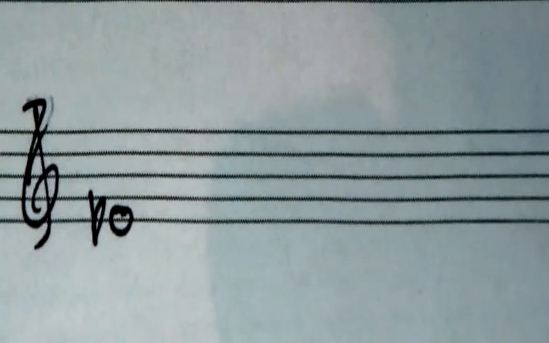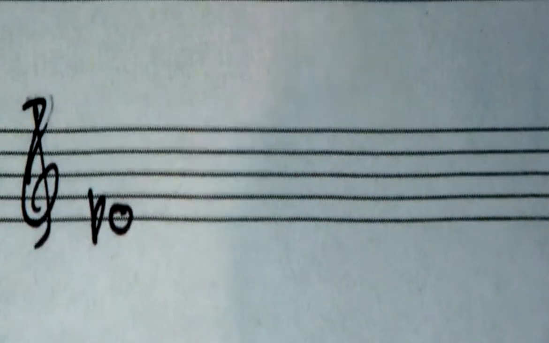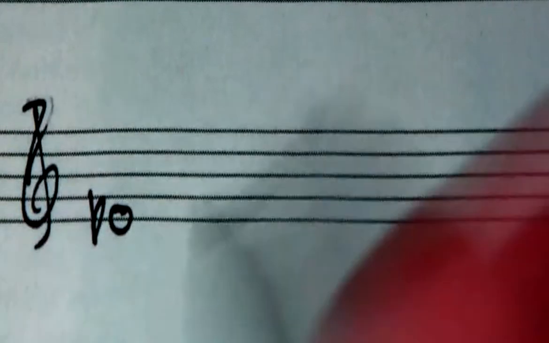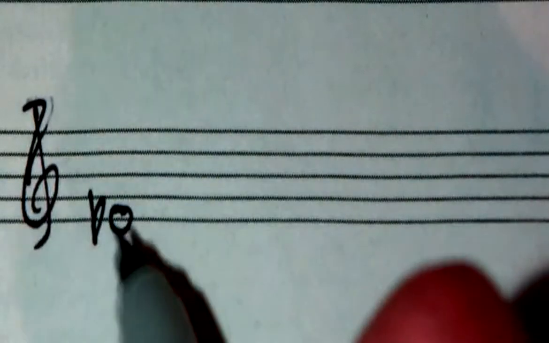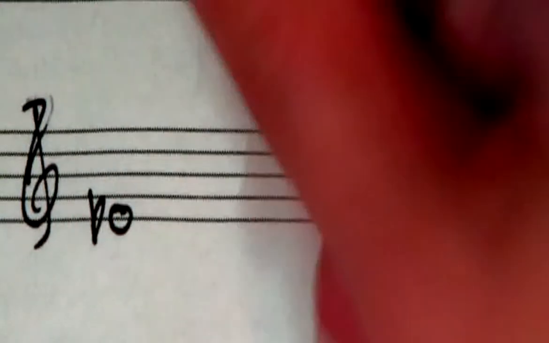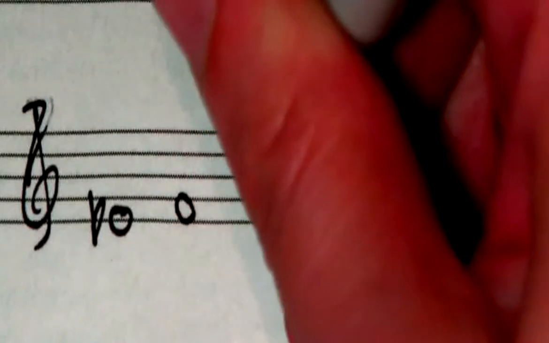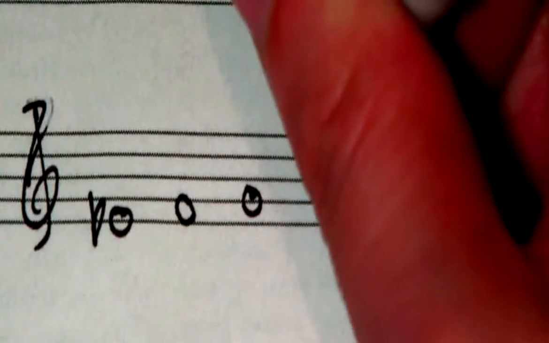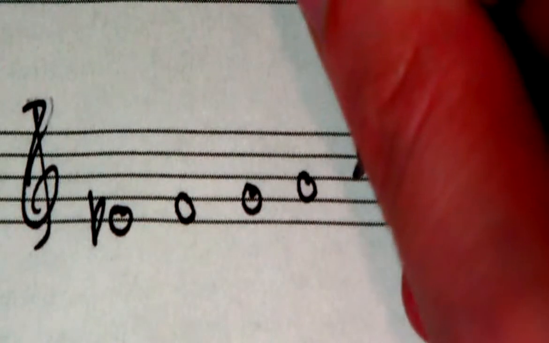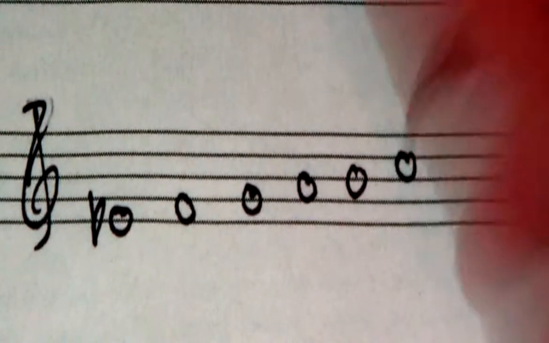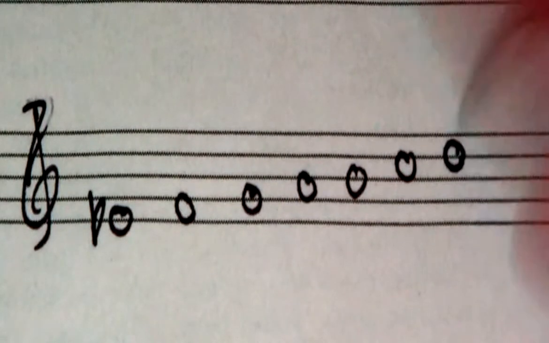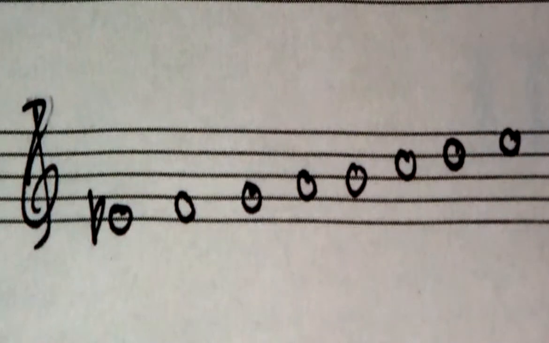So if I think of it that way, all I have to do is write out all of my notes from E to E. So E, F, G, A, B, C, D, and E.